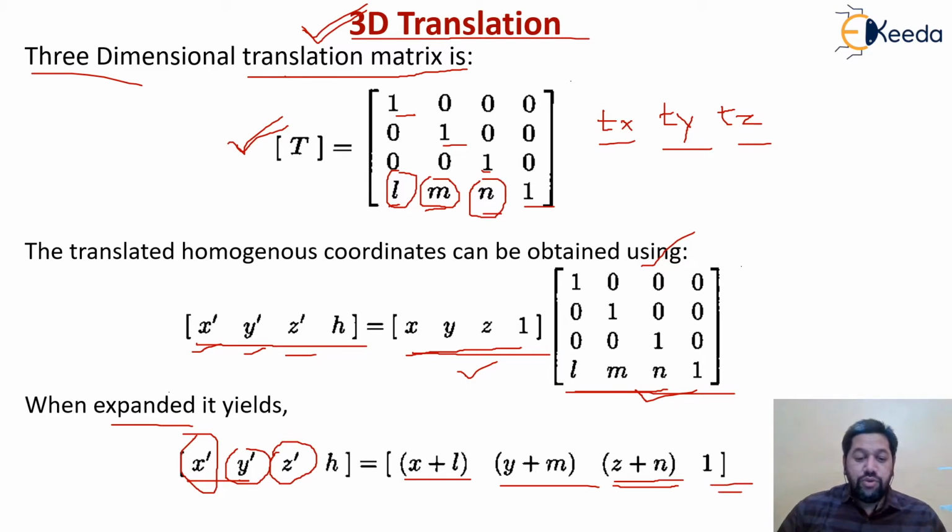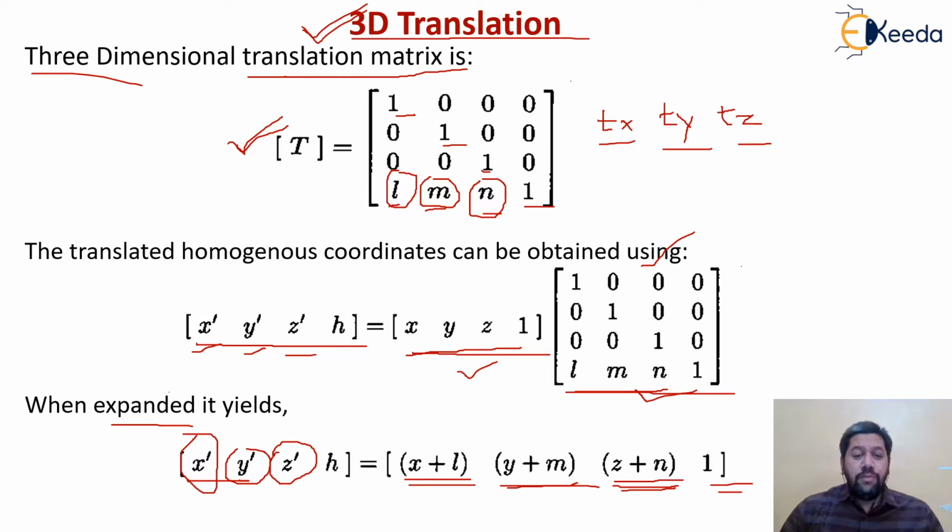So this is the formula for 3D translation: x dash equals x plus L, y dash equals y plus M, and z dash equals z plus N. I'm just adding the translation factors Tx, Ty, and Tz to get the appropriate answer. I hope all of you understood the three-dimensional transformation matrix easily.